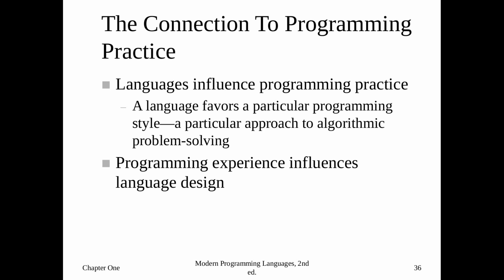Whereas the interesting thing is languages also influence programming practice. For example, in Ruby, as we'll see, it's got all the imperative stuff, but the way you write that in the language is dependent on what you're trying to do, and Ruby has its own Ruby-esque way of doing things.